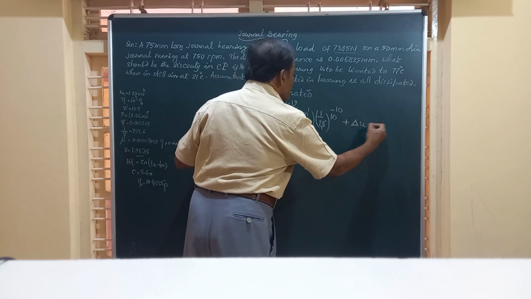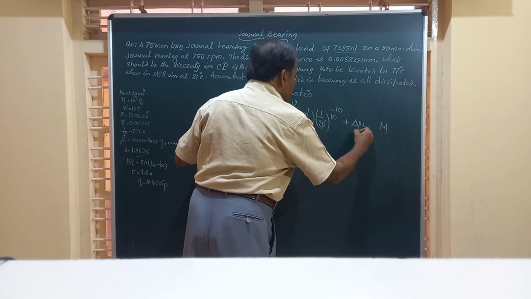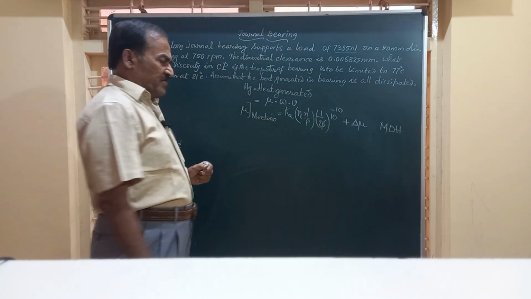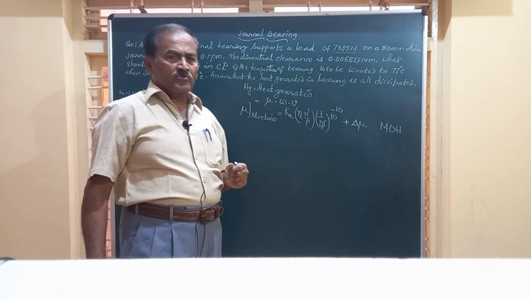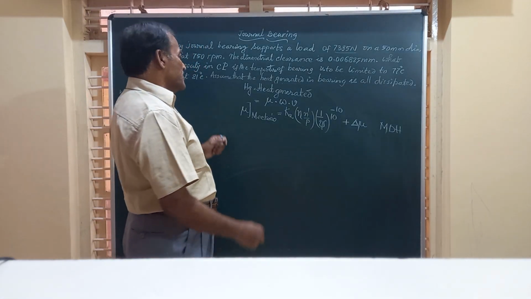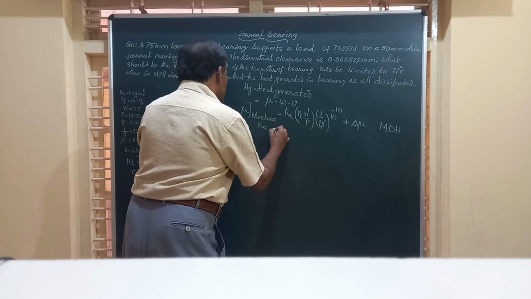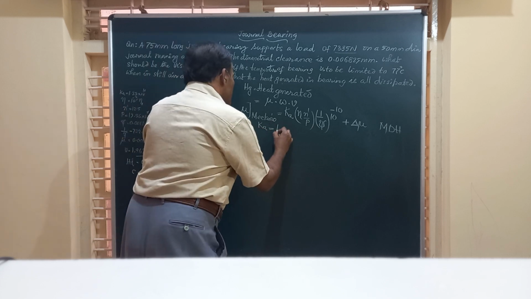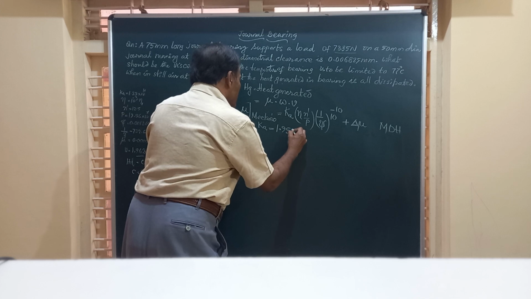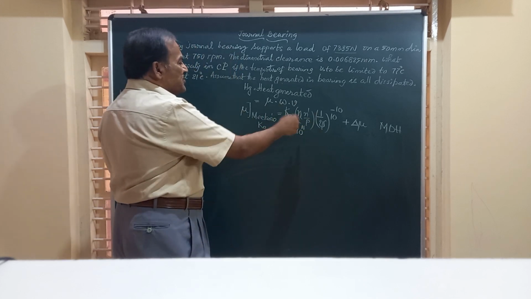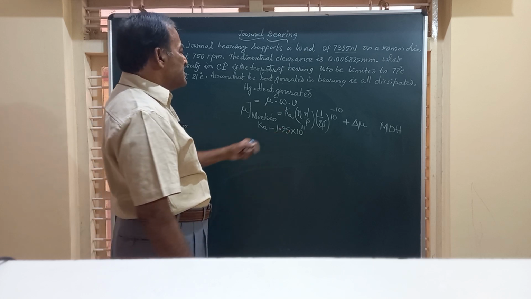Friends, this equation is available in the machine design handbook, in the chapter on lubrication and bearings. So friends, this term Ka is a constant that is given as 1.95 into 10 to the power of 11. Just below this equation, this constant is given.